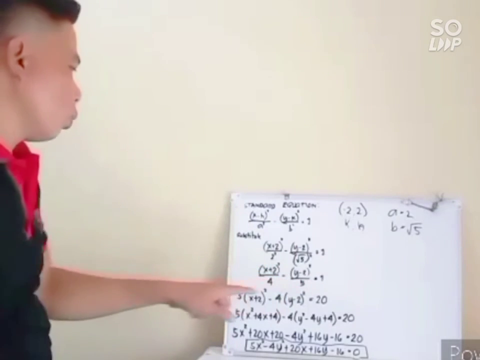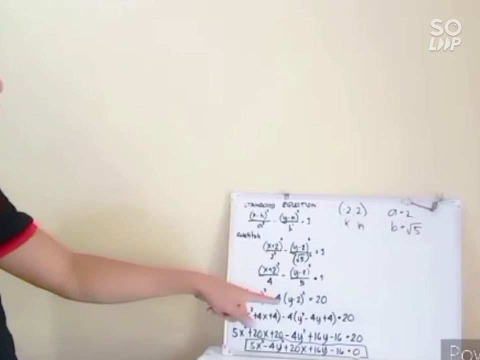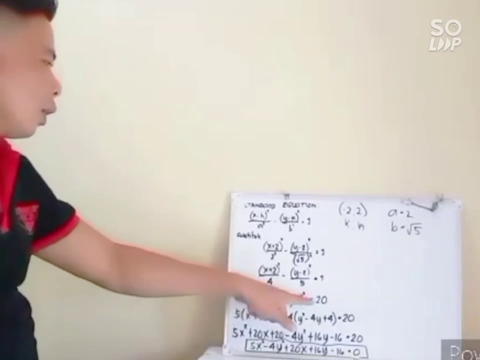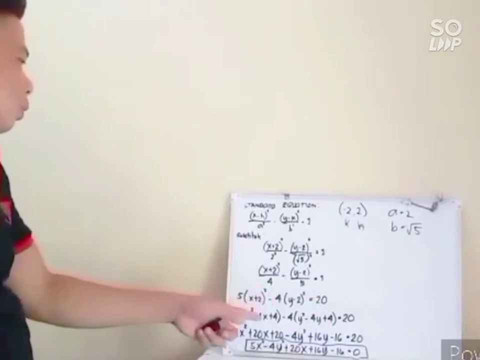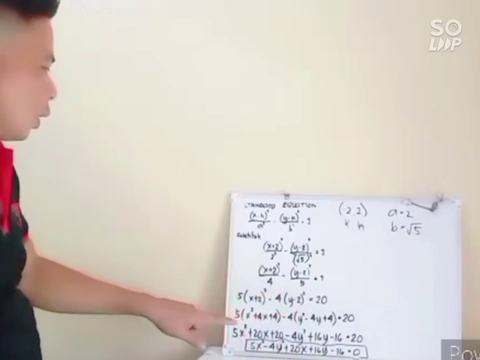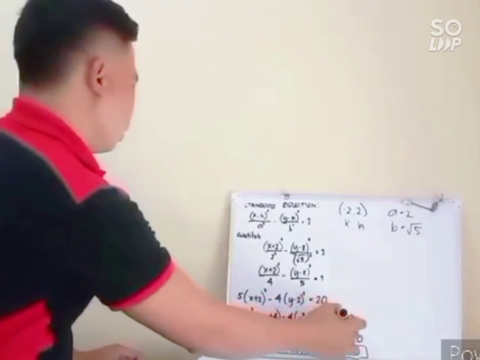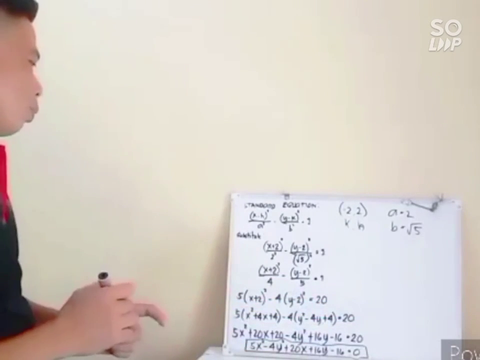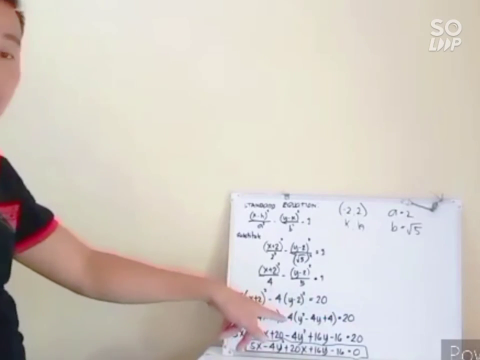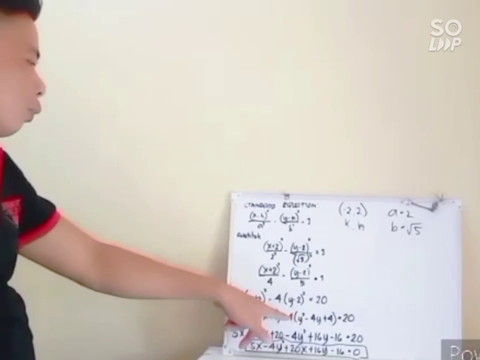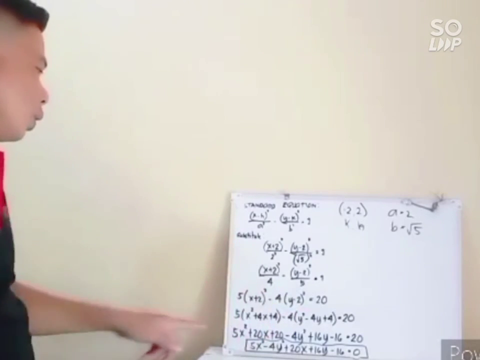So we cross multiply: 5 times (x plus 2) squared minus 4 times (y minus 2) squared equals 20. We use the completing the square process here. So it comes up with this, and then distribute: 5 times (x squared plus 4x plus 4) minus 4 times (y squared minus 4y plus 4) equals 20.